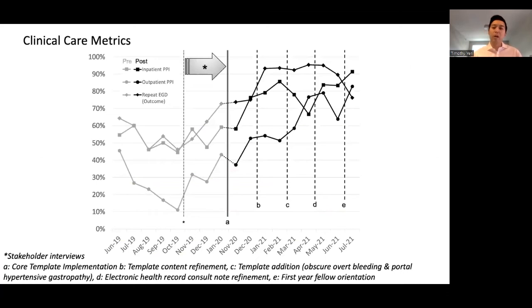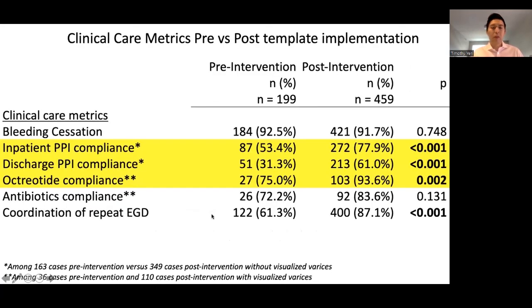Now, in terms of clinical care metrics, overall, there were clear improvements in medication prescriptions, as well as repeat endoscopy after the intervention. Specifically, the inpatient and discharge PPI prescriptions significantly improved.